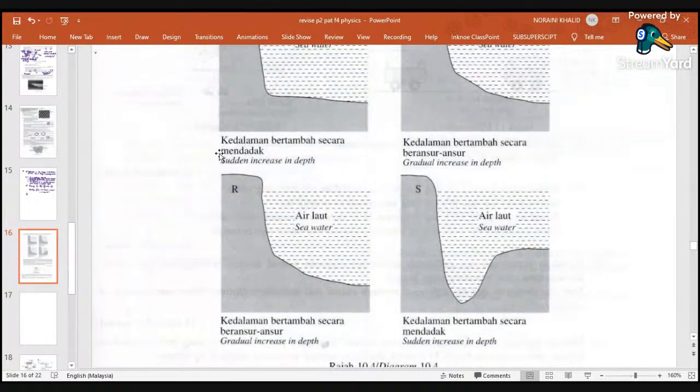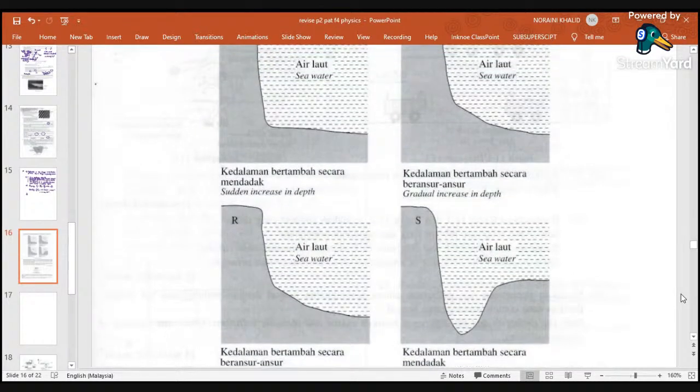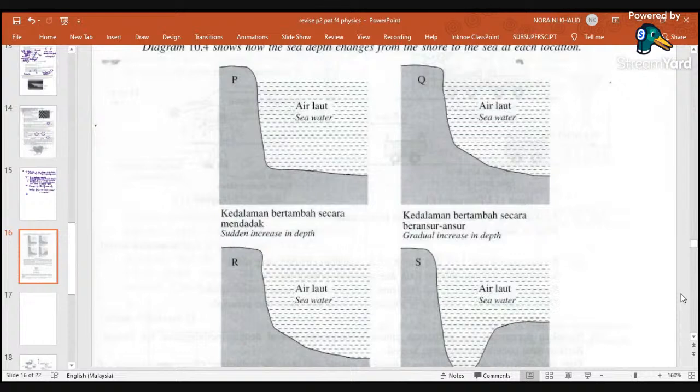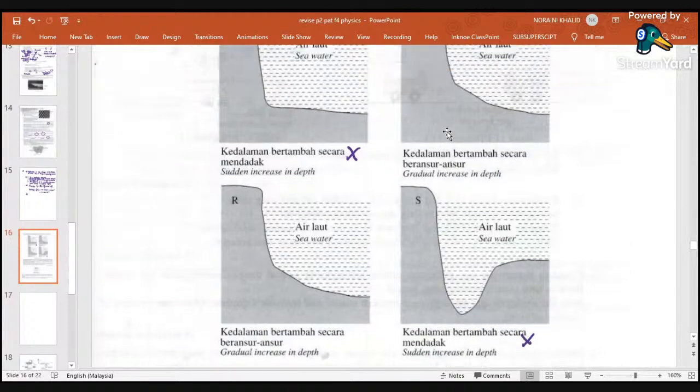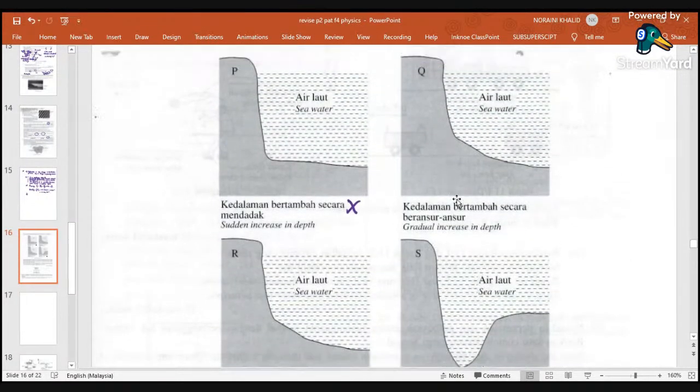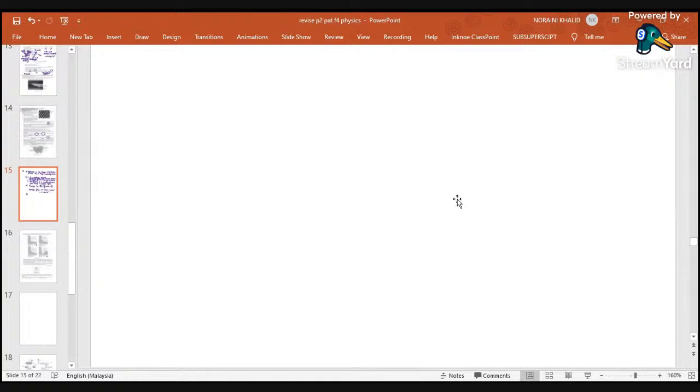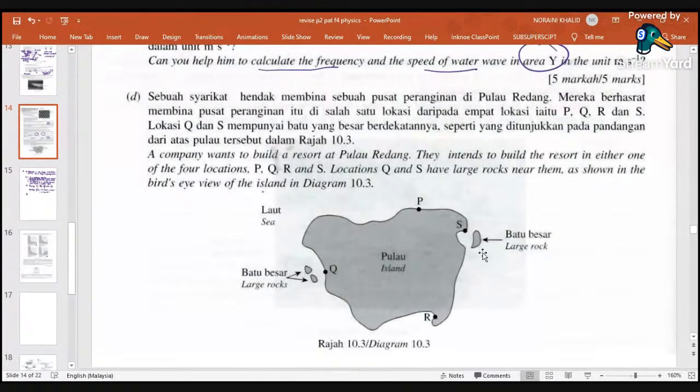If it is sudden, it is a bit dangerous, right? There is a significant change in speed. So this one we don't want. So I will have two choices here, Q or R. Now I will go back to the picture of the island.